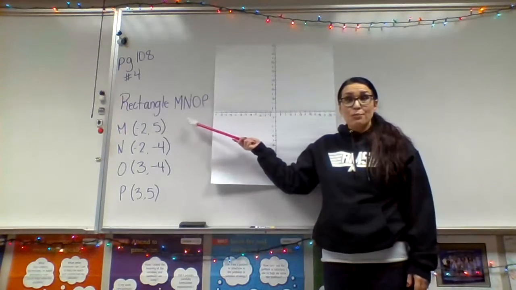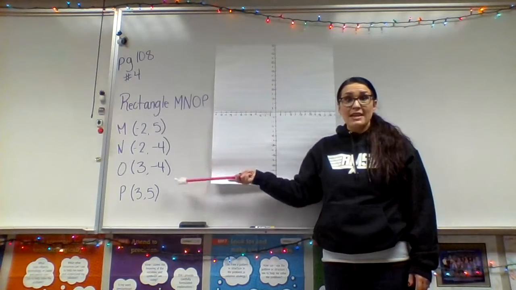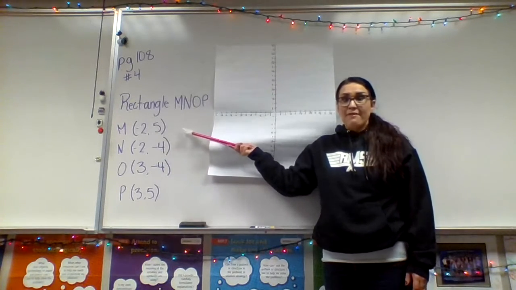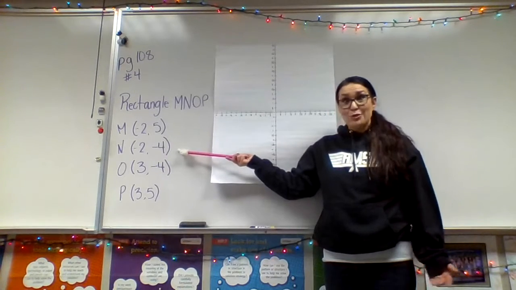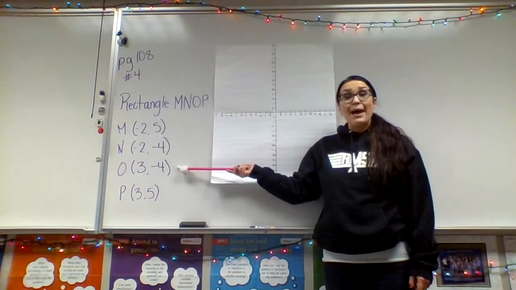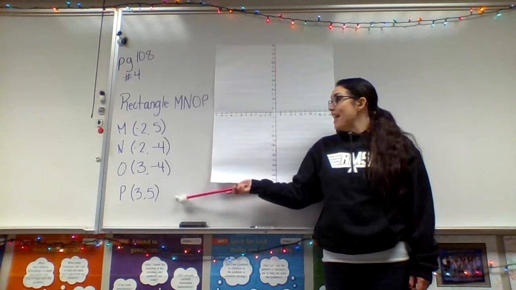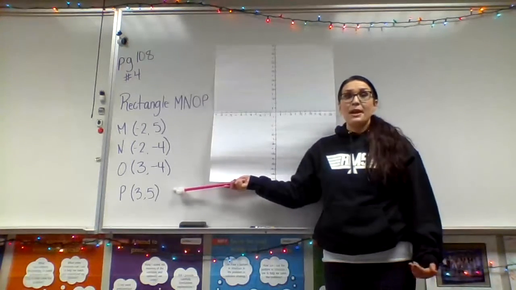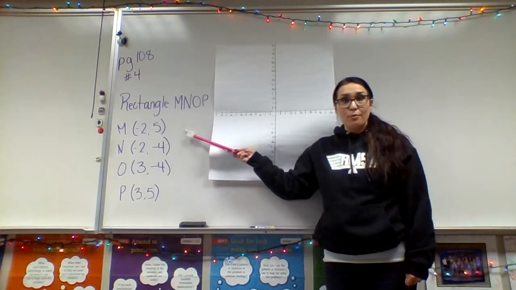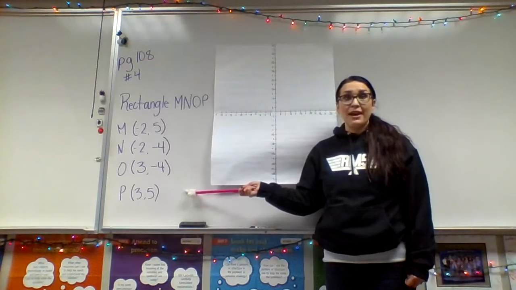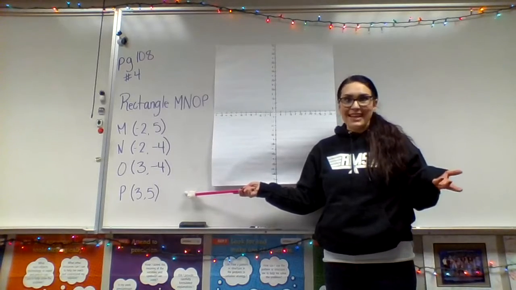I'm going to plot these 4 individual ordered pairs. We have M at (-2, 5), N at (-2, -4), O at (3, -4), and P at (3, 5). First I'm going to plot all of these ordered pairs, and then I'm just going to connect the dots.